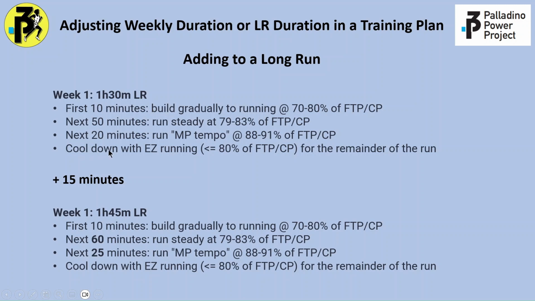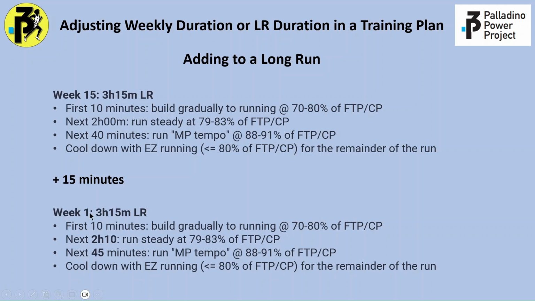And we're not going to add it to the back end, which is generally around 10 to 15 minutes of easy running at the end. We're adding it in here. So we're adding 10 minutes to the steady, 5 minutes to the MP tempo, and at week 15, this is a typo down here, we're going to be now up to 2 hours and 10 minutes here and 45 minutes here. All right? So just add the same thing all the way across.